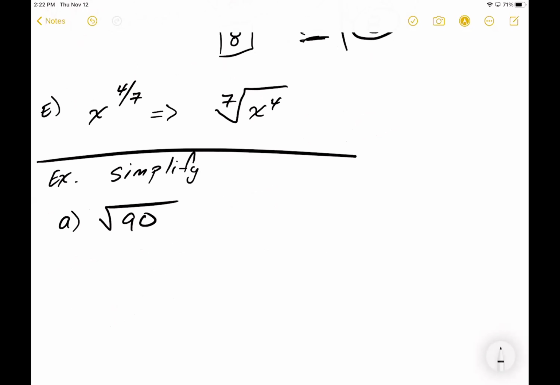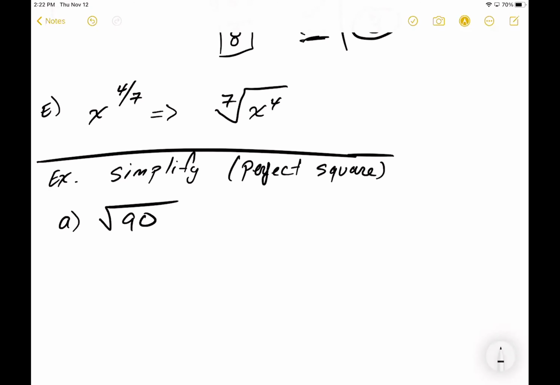If you remember, again, this goes back to 10.3. If we have this thing here, basically we ask ourselves, is there a perfect square? Is there a hidden perfect square in this number? Is there a perfect square in 90? Hopefully you guys see that, oh, 90 is 9 times 10.